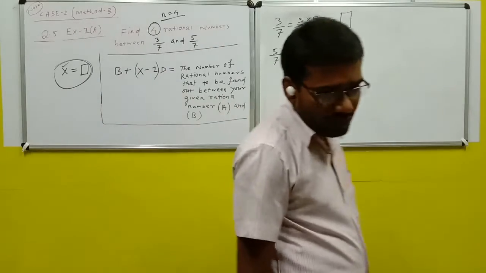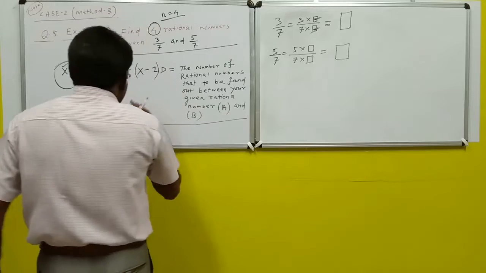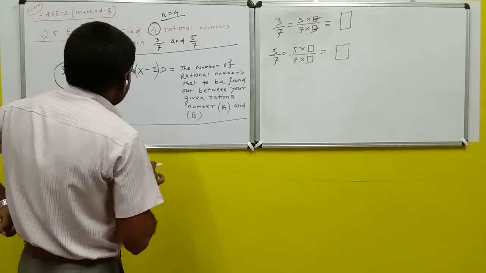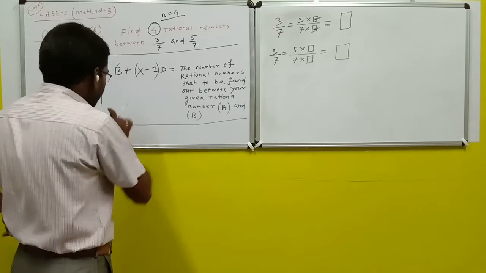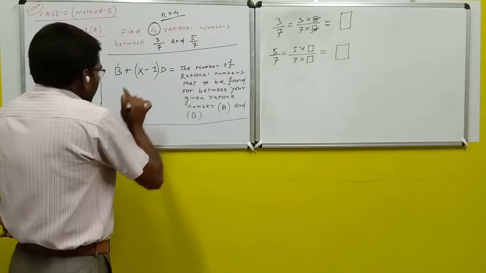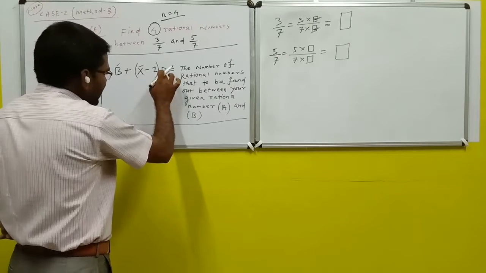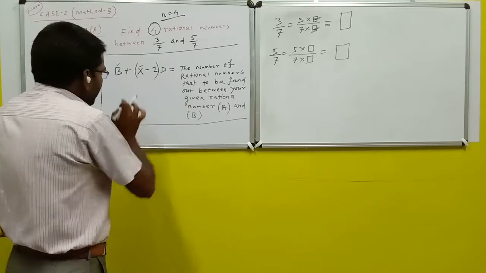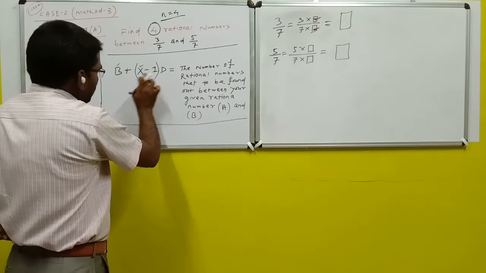Students, in this formula you see three variables: b, it is a variable; x, it is also a variable; and d, it is also a variable. These three variables have been used.